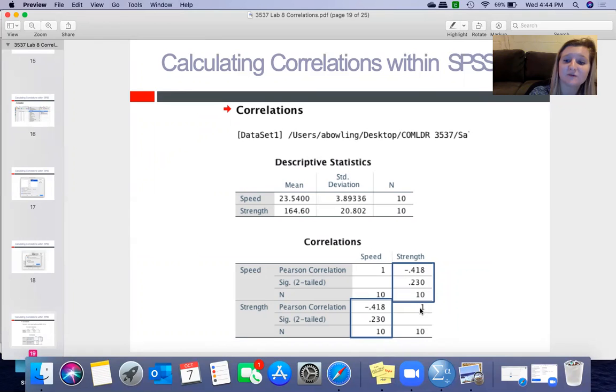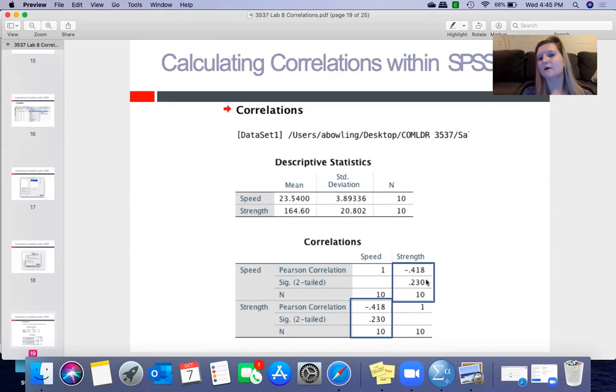And you can tell it's perfect because we have a perfect one for our correlation coefficient. So where this says Pearson correlation, if we go over to speed and strength, we have our correlation coefficient, and this time it is negative 0.418. We also have a value for significance, telling us whether or not our correlation is significant.